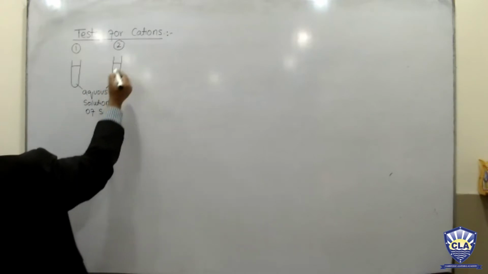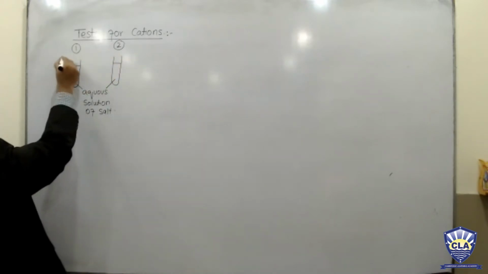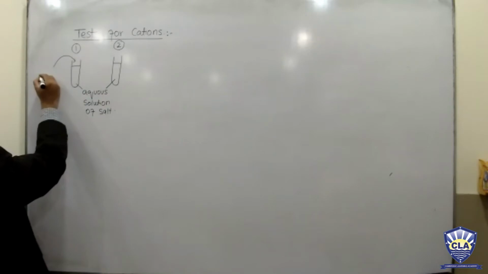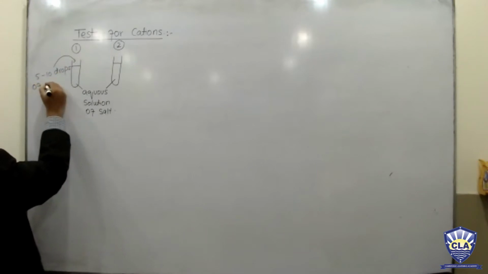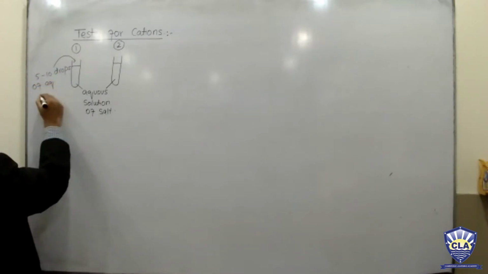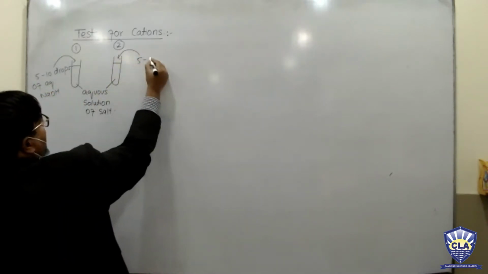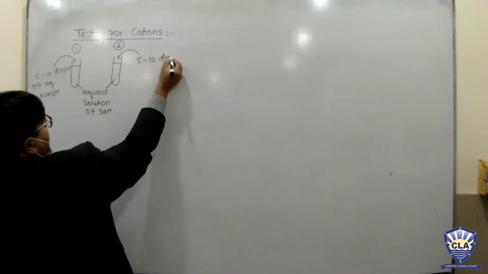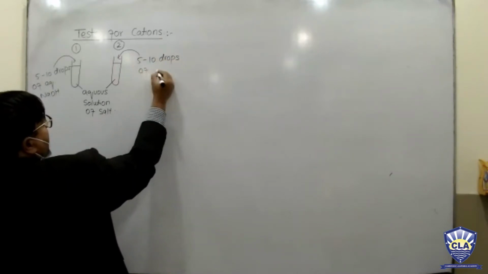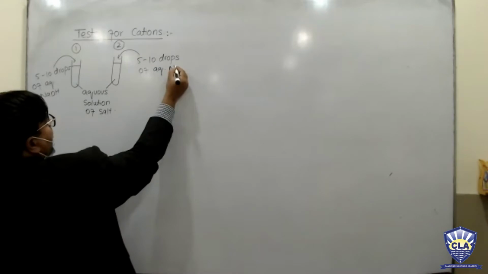Okay, so in the first test tube, my dear, you put 5 to 10 drops of aqueous sodium hydroxide, which is a strong alkali. And in the second test tube, you added 5 to 10 drops of aqueous ammonia.